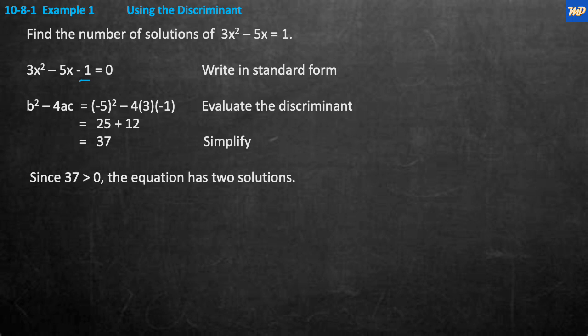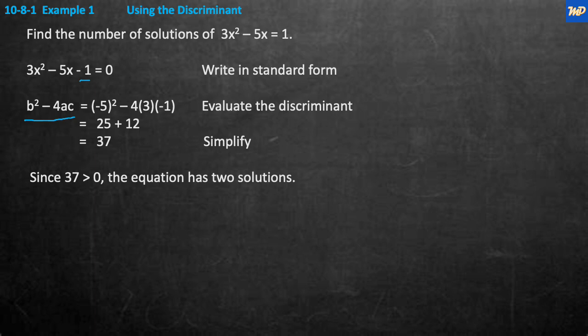So now we have our discriminant, b squared minus 4ac. b is negative 5, so this is negative 5 squared, and then minus 4 times 3 times negative 1.